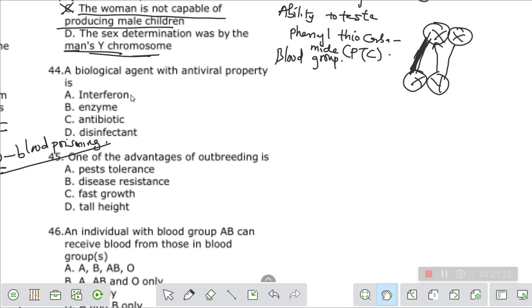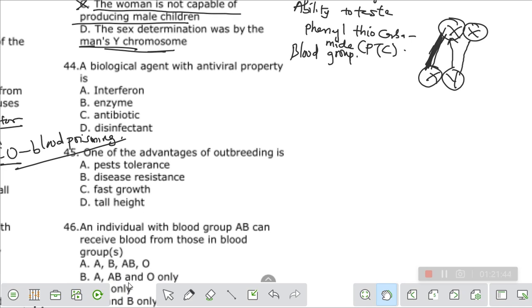But interferon is specific. One of the advantages of outbreeding is that it leads to disease resistance, because you will be able to produce organisms that are more resistant to disease, and they are going to survive more than inbreeding. I taught you the meaning of inbreeding and outbreeding.